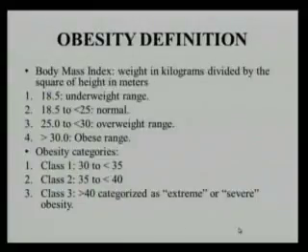So, a definition is helpful, but it's more of a broader term. Now we need an objective thing that we can look at and say, this patient is obese, or this patient needs treatment, or this patient just needs to be monitored. A lot of people are using the body mass index.